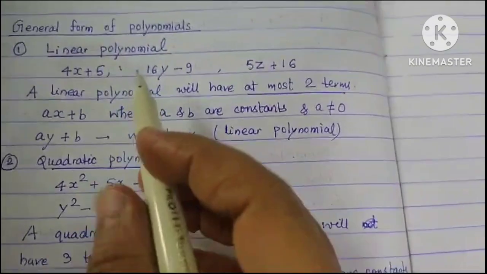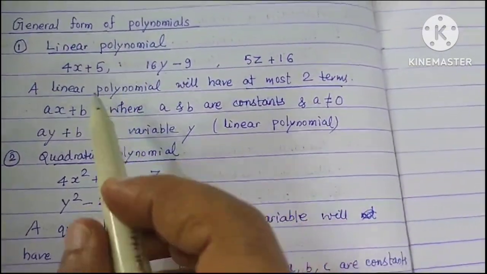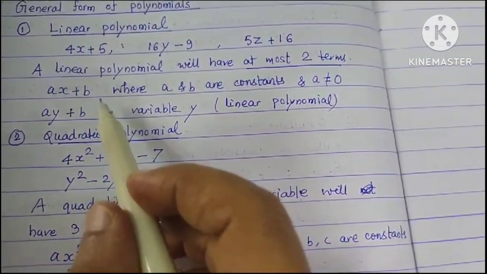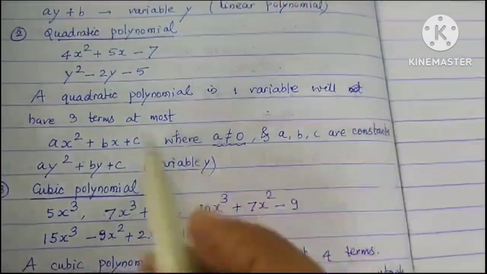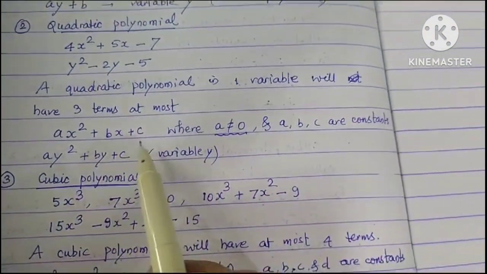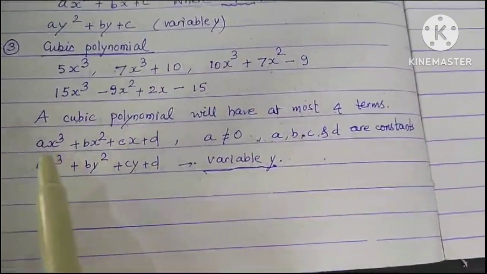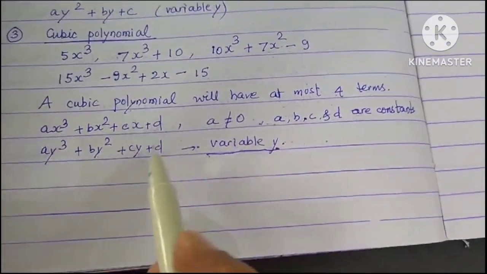So far we have studied the linear polynomial general form ax plus b, the quadratic polynomial general form ax square plus bx plus c, and the cubic polynomial general form ax cube plus bx square plus cx plus d.